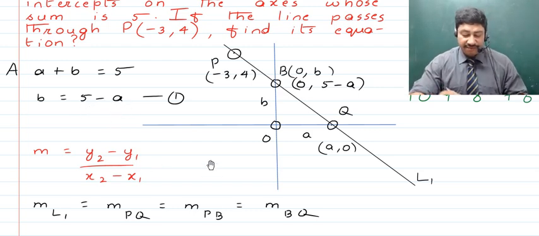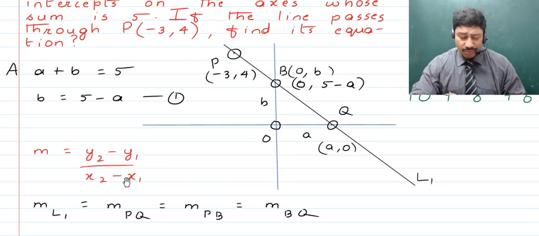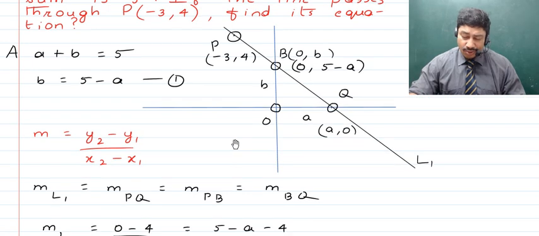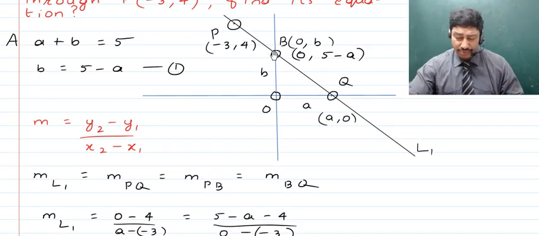Now if we've got to find the slope of the line, we will apply the formula (y2 - y1)/(x2 - x1). Here, as many combinations are possible, the point P is on the line, the point B is on the line, the point Q is on the line, and the line is L1.